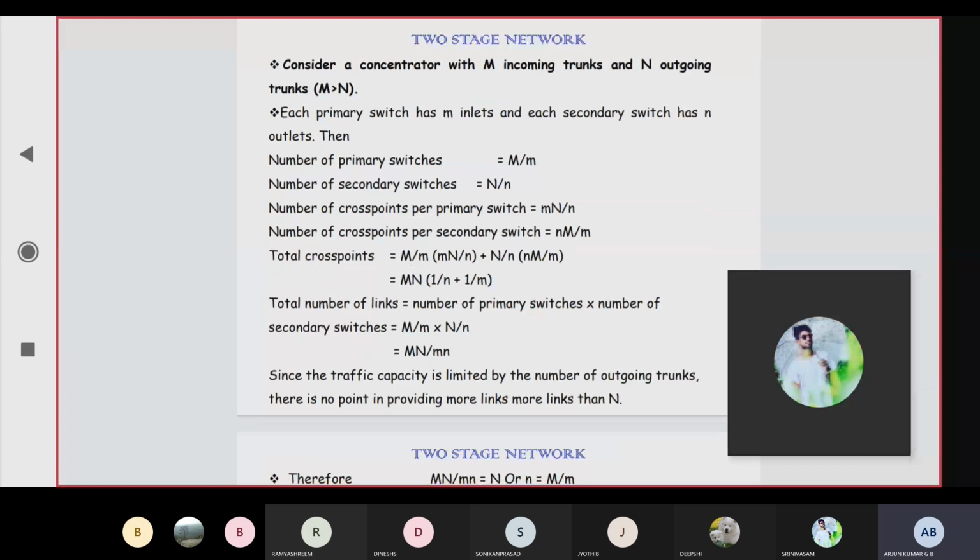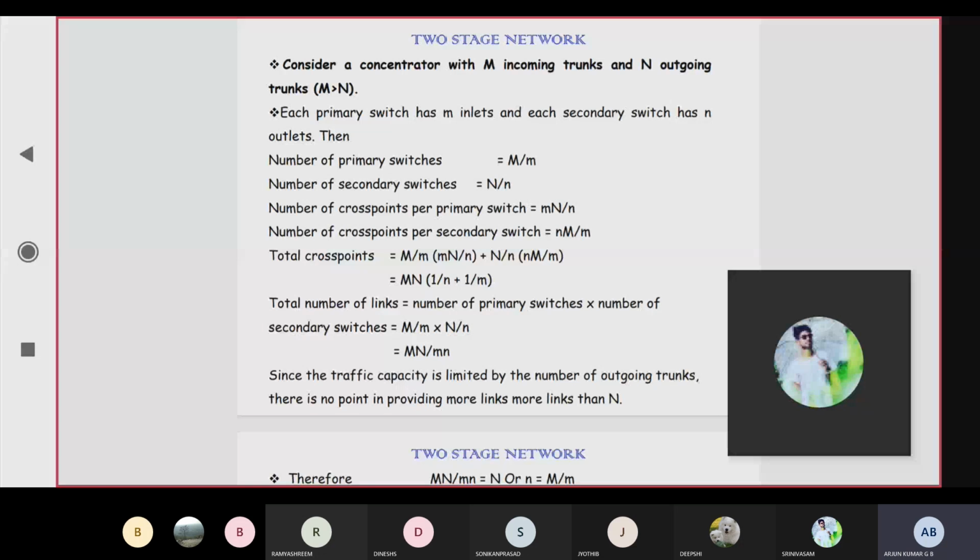Now what is the number of cross points of the primary switches? How many cross points will we get per primary switch? That is equal to m into N by n.